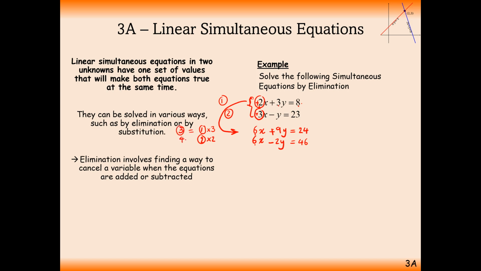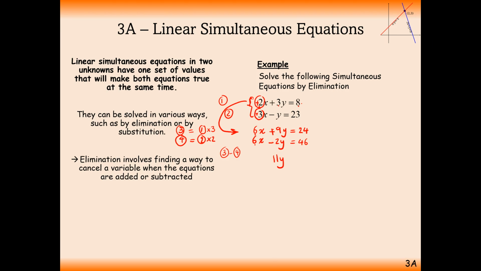Equation 3 minus equation 4 will give me a 0 in front of the x. So 6 minus 6 is 0. 9 minus negative 2 makes that 11. Why?